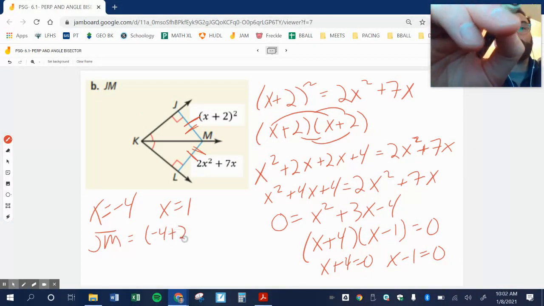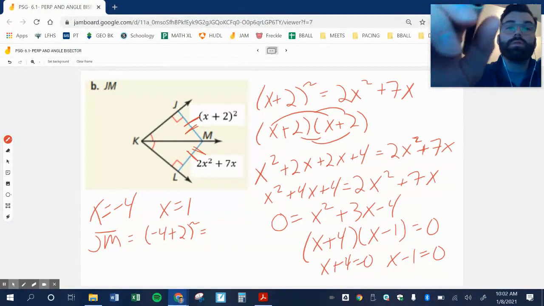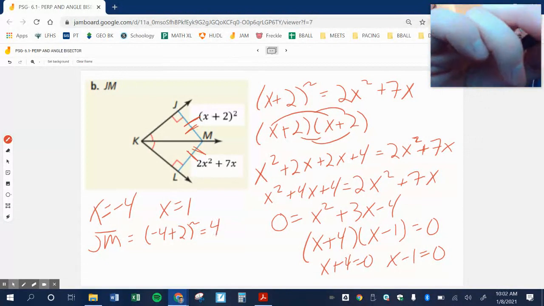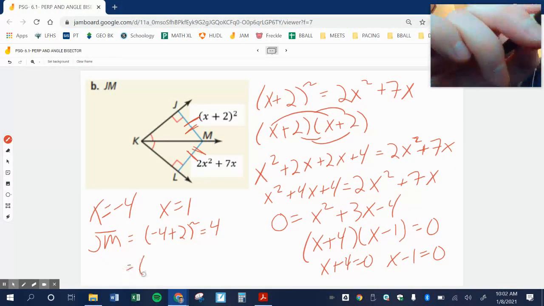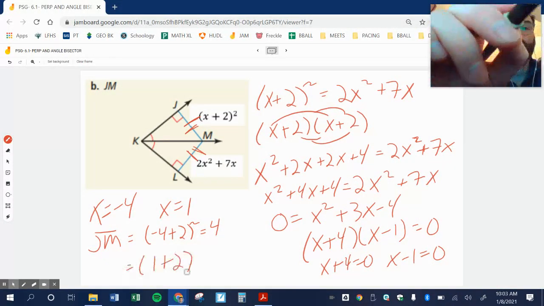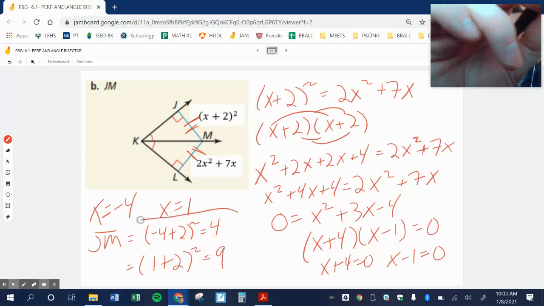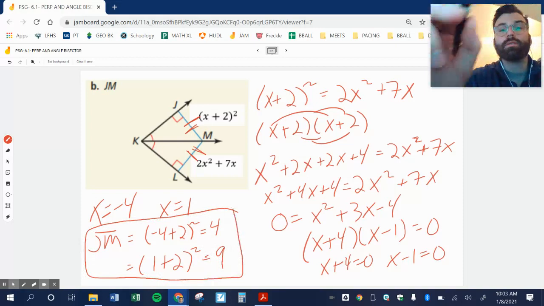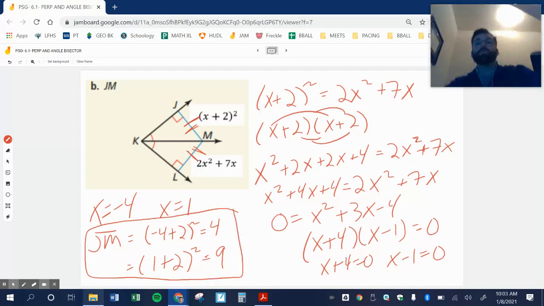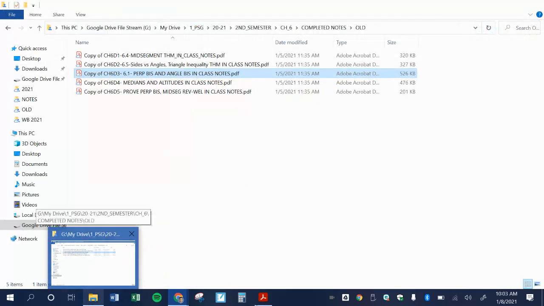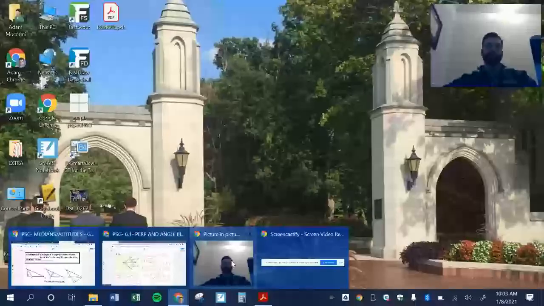Negative 2 squared is 4. And JM for 1 is 1 plus 2 squared, which is 3 squared, which is 9. So JM has two possible lengths. You can do that. That's why you have to test the negative values, because they both work.